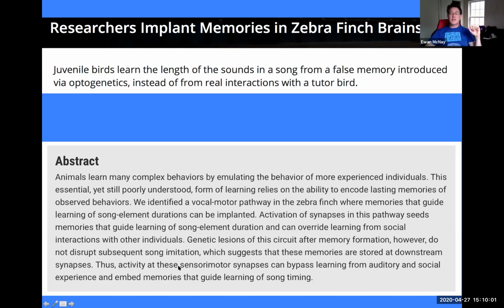You can directly stimulate these sensory motor synapses in the pathways that would be involved in songbird learning to create the memory, and you can show this because the bird will go off and sing this song, try and attract a mate, to create the memory of having learned a song that never existed. So yeah, you can absolutely, at least in a zebra finch, implant a specific memory of something that never occurred at all. It wasn't in a different environment, it just didn't happen.